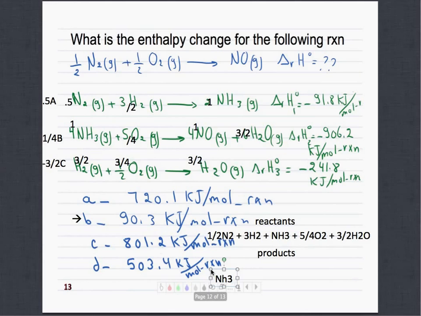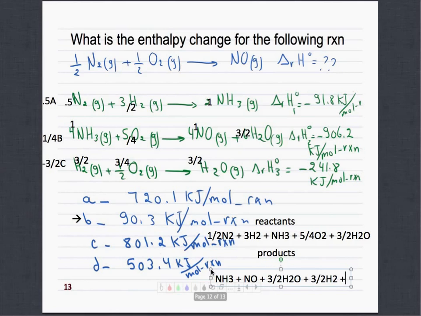So I'm going to have half N2 plus 3 over 2 H2 gas giving NH3 gas, and minus 918 over 2 kilojoule per mole. Now, oxygen is in 2 reactions. I'm going to skip it.